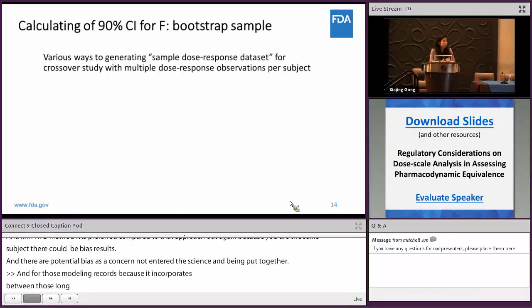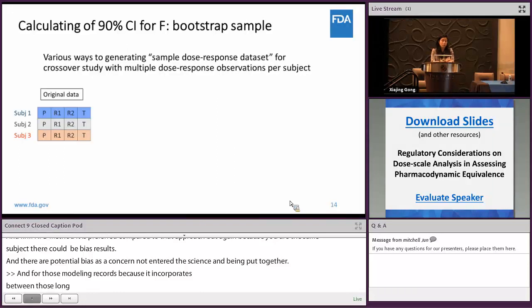In terms of bootstrap sampling, in the ANDA submissions, we've seen different ways of implementation. Just because it's a crossover study where for one subject, there can be multiple observations from multiple treatment arms.